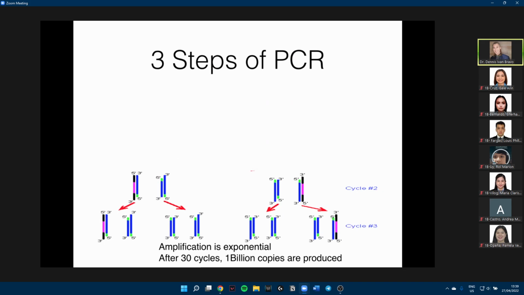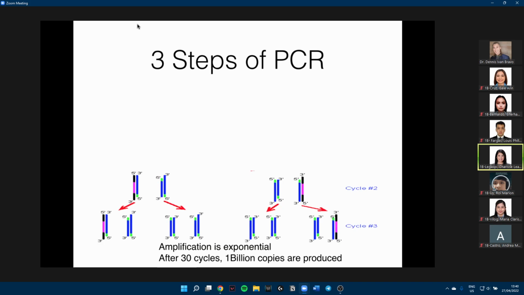This is not recitation, I'm just curious. Any one of you has experience with PCR? Yes, po. Okay, what's your name? Legaspi po. Legaspi. So is it conventional or RT-PCR? Conventional po. Okay, what's your PMED? Bio po. Okay, so how long does it take to complete those 30 cycles?